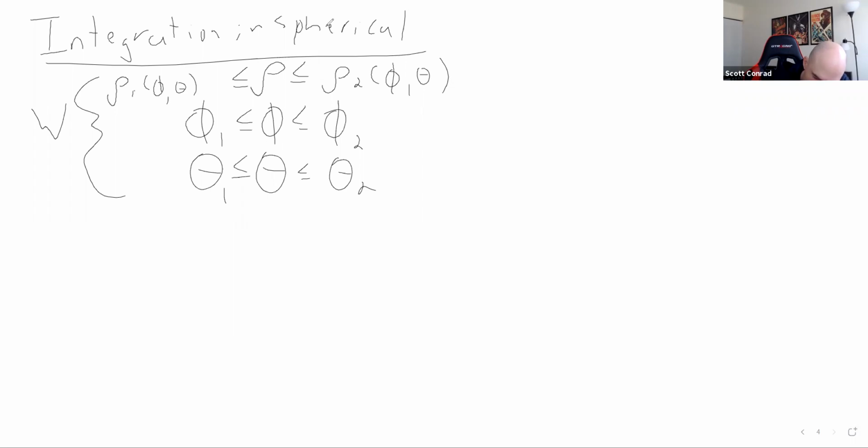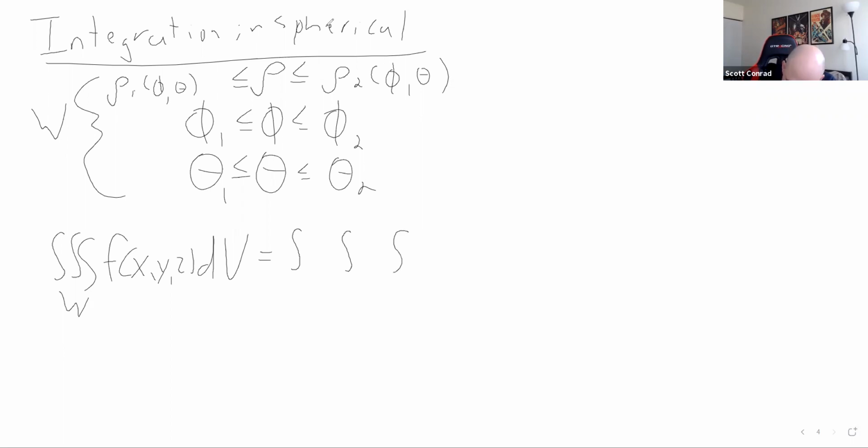So if we want to integrate a function of x, y, z over this region W, so integrate with respect to volume, we're going to do exactly what we did in cylindrical. We're going to replace x, y, and z with their spherical equivalents.